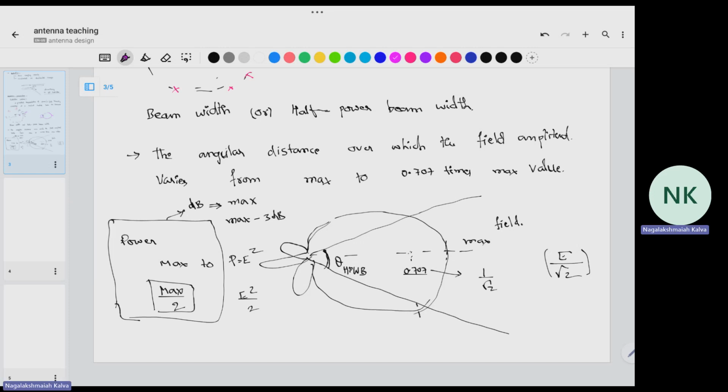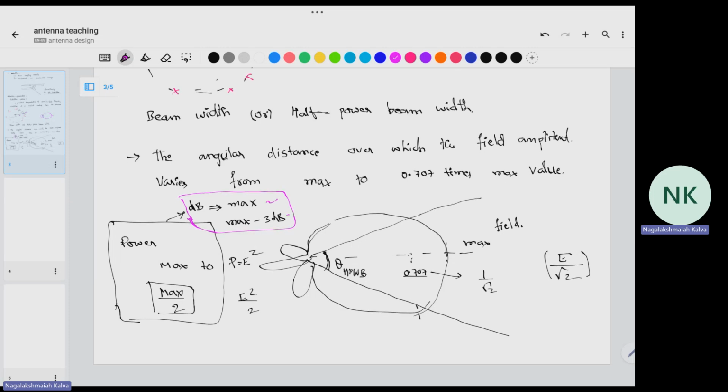The angular distance over which the power in dB varies from max to max minus 3 dB, we can call the half power beamwidth of that antenna. So this is about beamwidth and radiation pattern.